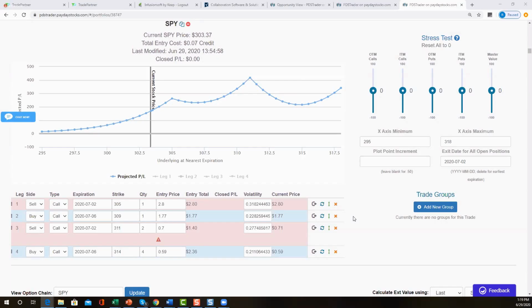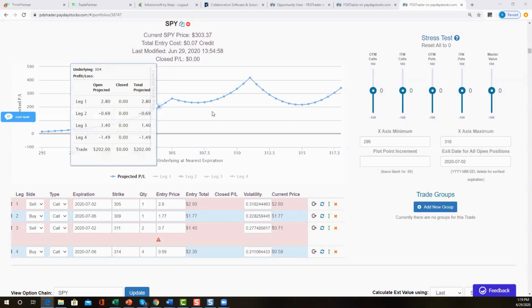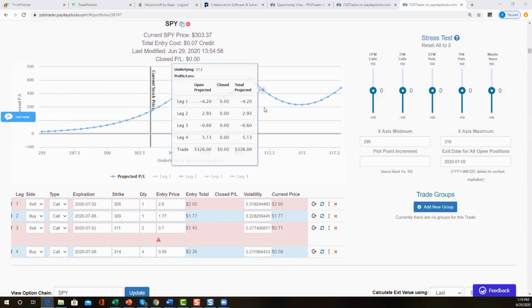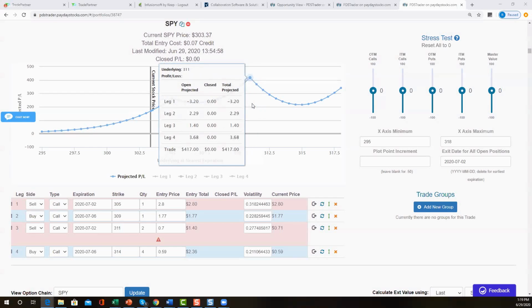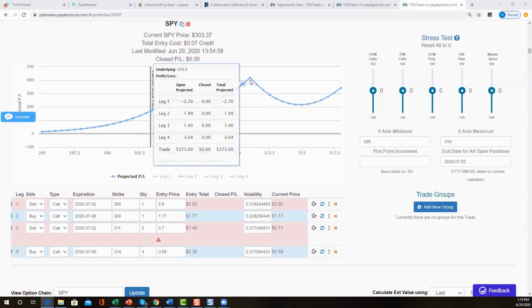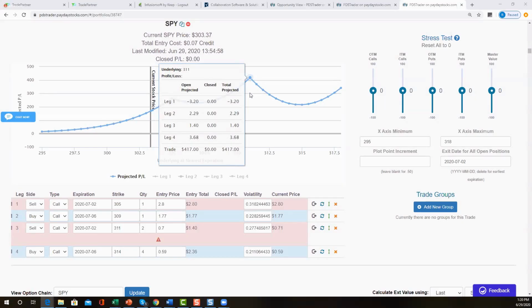Obviously, we're in a position to do much, much better than just $10 if the market either stays the same or moves up. And if the market goes up to around 311, which is a very real possibility, we could make upwards of, it's not going to be $400 because volatility will drop out of these a bit, but it could be $300 easily.